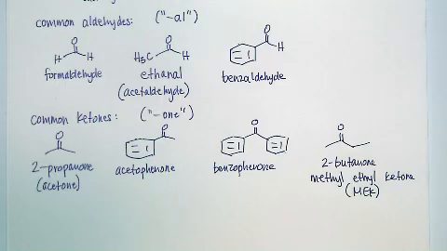Okay, so we're not going to talk immediately about how to synthesize aldehydes and ketones. We'll get to that at the end if we have a little bit of time. But the nice thing about these molecules is that there's really only one big class of reactions that they can do.